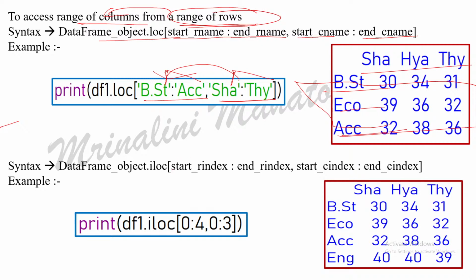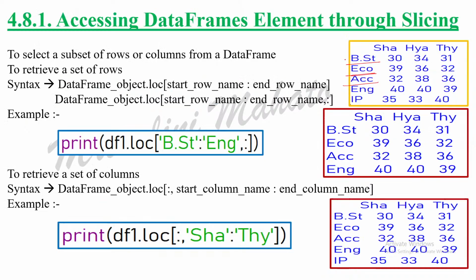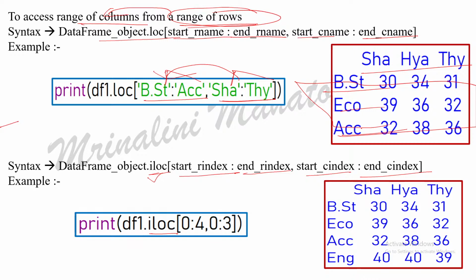Next, if you write it through the positional index, because this is the label index, we will use iloc: start row index colon end row index comma start column index colon end column index. So df1 dot iloc 0 to 4: 0 1 2 3 4 means till English it will accept, because iloc is the positional index.